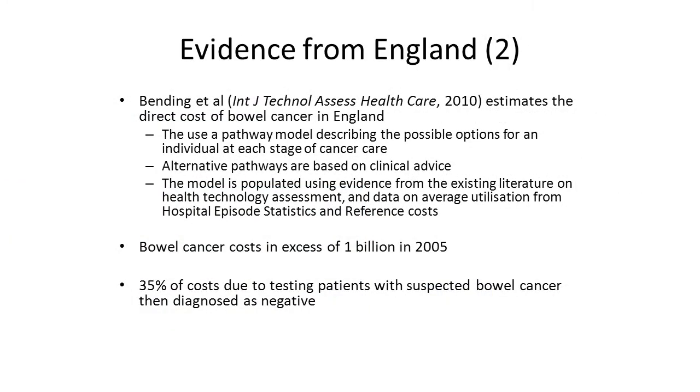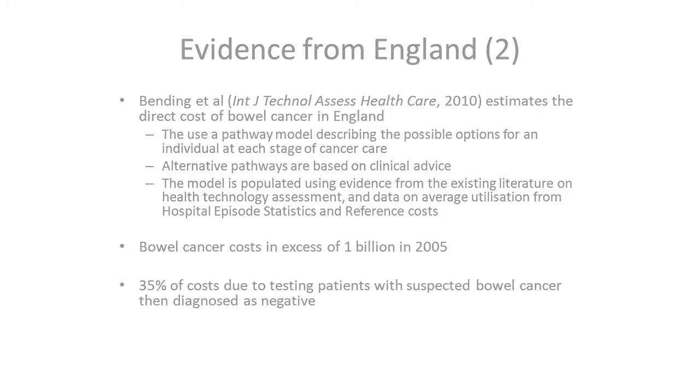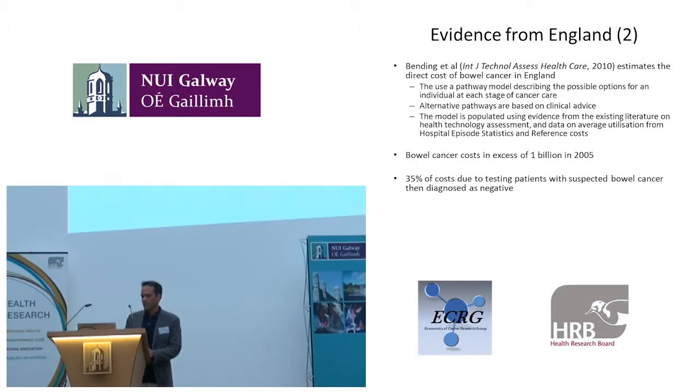Another study that I would like to describe here is from Bending et al. It is a collaboration between the University of York and the University of Sheffield, where they try to estimate the direct cost of bowel cancers in England. So what they use is a pathway model that describes all the possible options for an individual at each stage of the cancer.